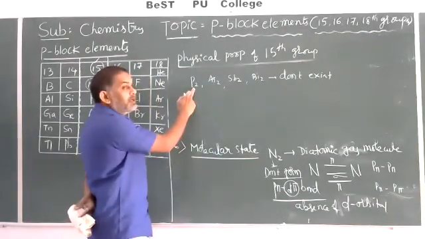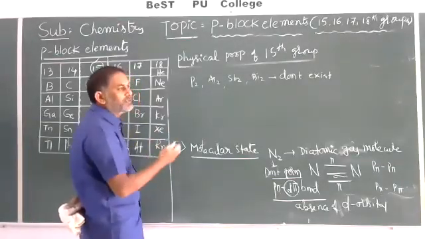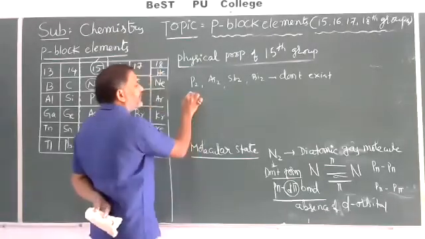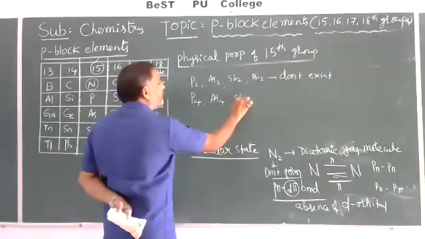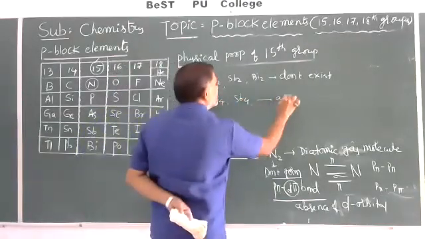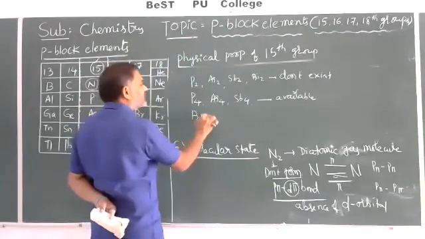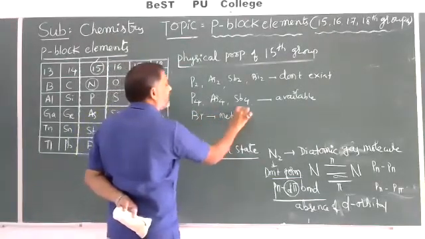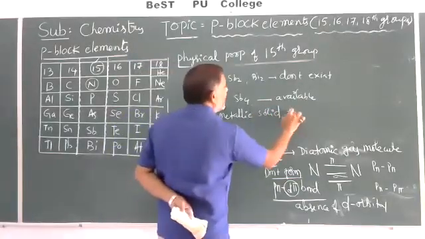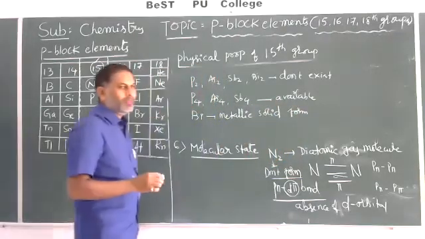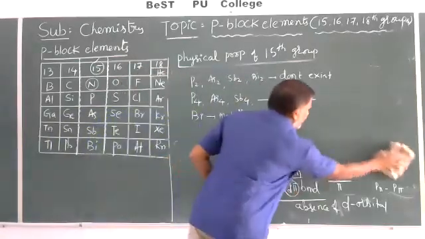But for the others, with the availability of d orbitals, electrons are excited and single covalent bonds are formed, existing as P4, As4, Sb4 molecules. Bismuth exists in a metallic solid form, not as a molecule. That is the molecular state of 15th group elements.